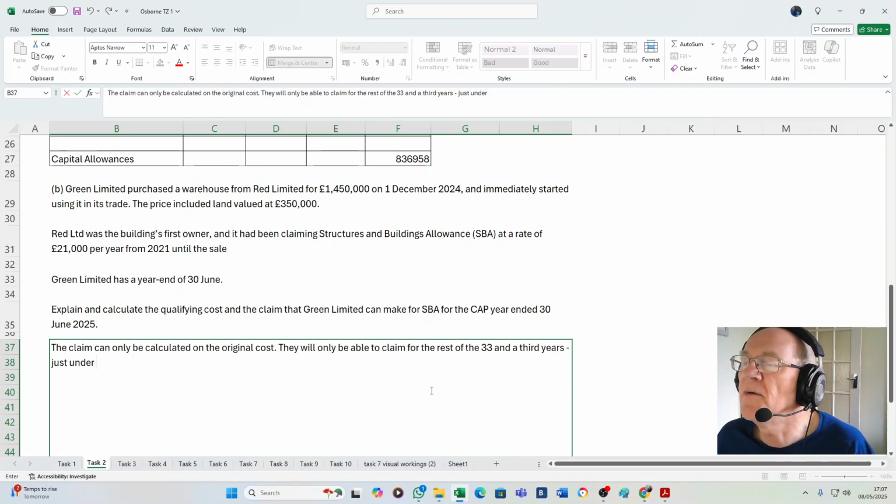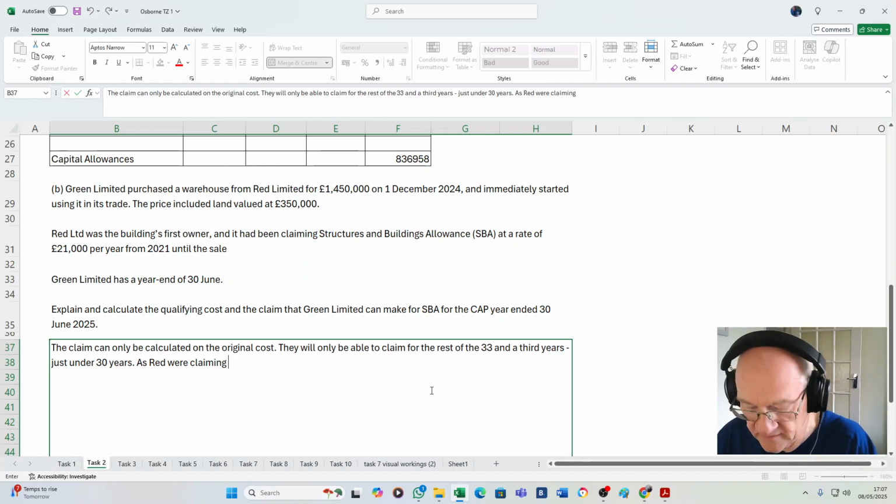We don't actually know when it was 21, so they've had about 3 or 4 years. So they won't be able to claim forever, or the normal 33 and a third. There's no harm in doing that one. Claiming 21,000. So as with all written answers, anything relevant. Again, is it essential to put this one in?